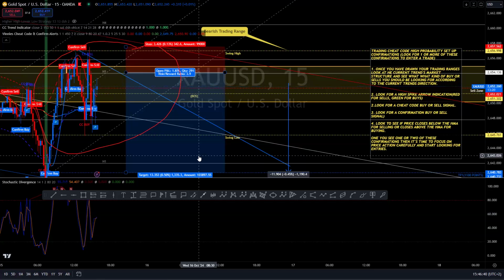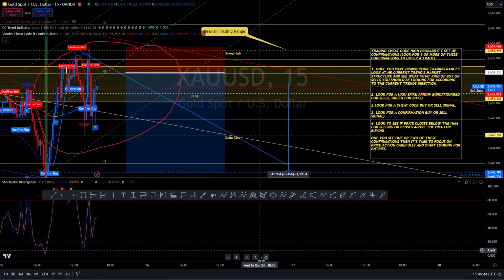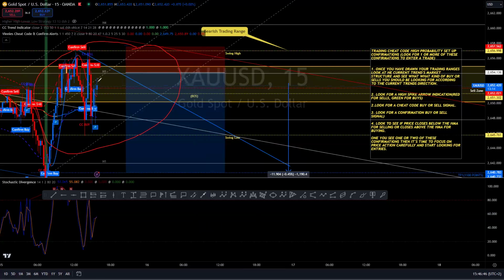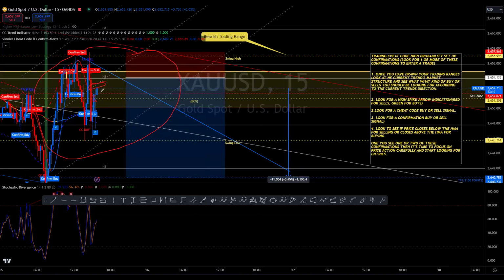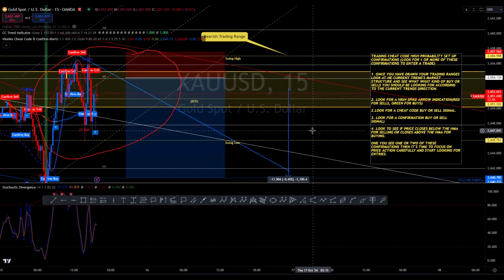That's the one thing I missed. It's real here. I know it might still be an indecision candle, but I think it looks better.